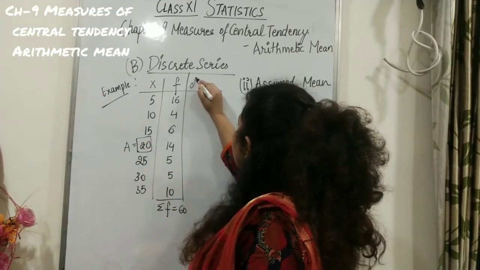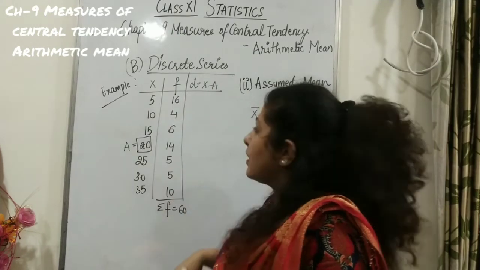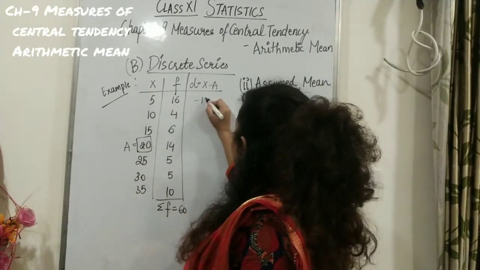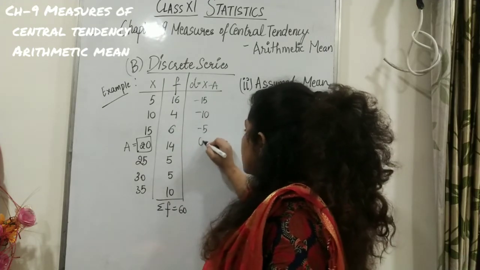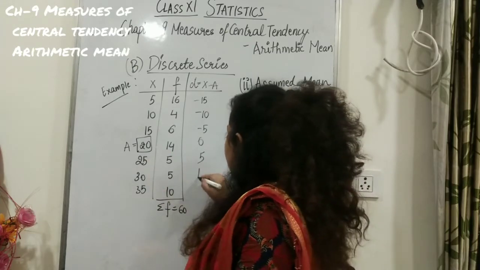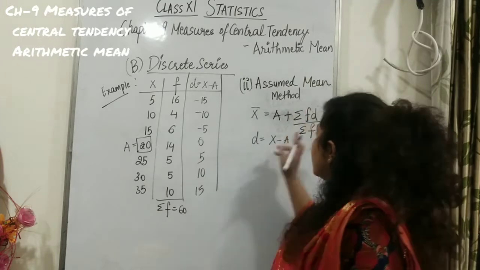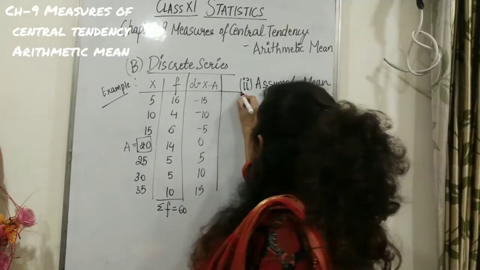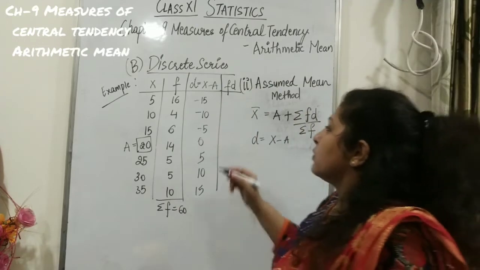Now calculate deviation, which is to be calculated by subtracting the assumed mean from all the values. So 5 minus 20 is minus 15, 10 minus 20 is minus 10, then minus 5, 0, 25 minus 20 is 5, 30 minus 20 is 10, and then 15. We don't want the summation of d here; now we want the summation of fd. I want to multiply frequency into deviation.